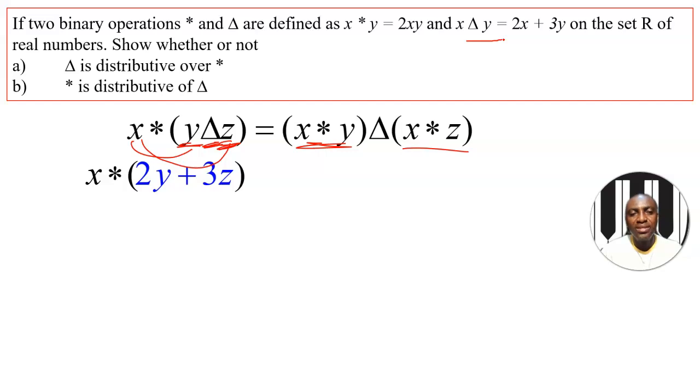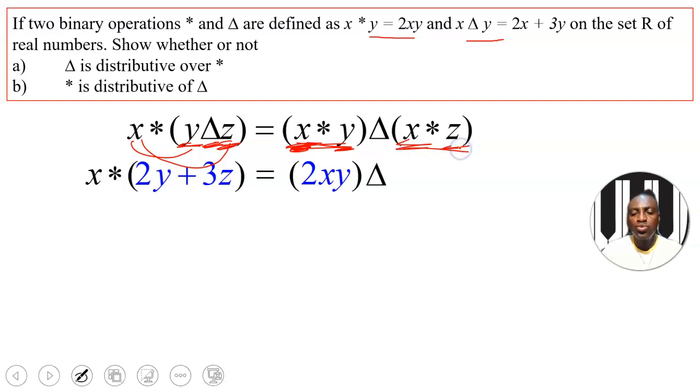That is equal to, now I'm doing x operation y, which also goes by this approach, which is 2 times the first times the second. Then I'll bring my triangle. The same thing for x operation z, 2 times the first times the second.